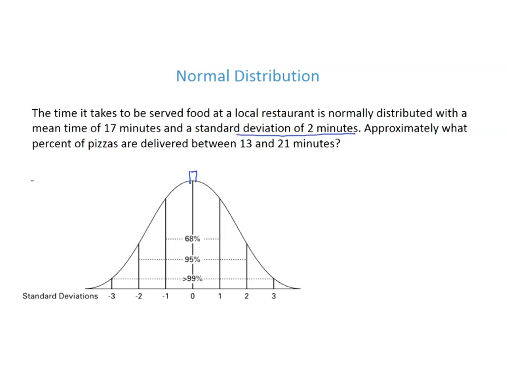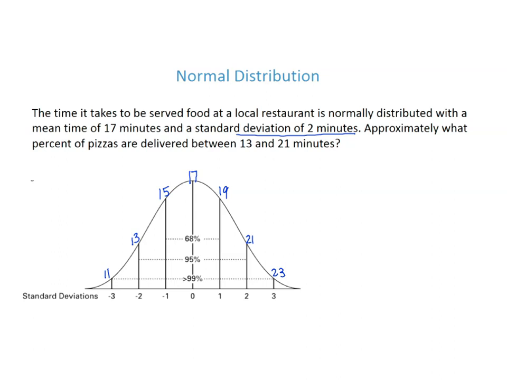And then a standard deviation of 2 minutes means that the next line over, I would add 2. So this would be 19 minutes. And this would be 21. And this would be 23. I can go the other direction, subtracting the standard deviation as I go. So this would be 15 minutes, and 13 minutes, and 11 minutes.